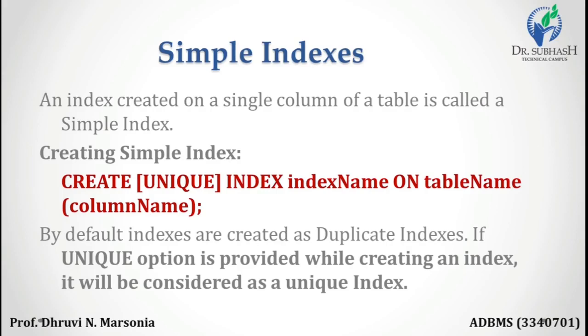If the unique option is provided while creating an index, it will be considered unique. If I want to create a simple index, then my query is create unique index, index name on table name, and the column I want to index is mentioned here in brackets, and last a semicolon.